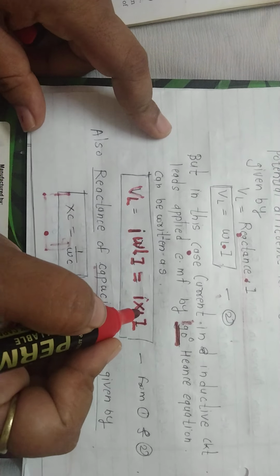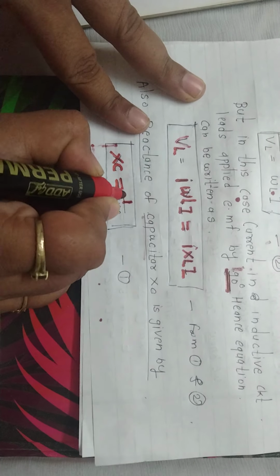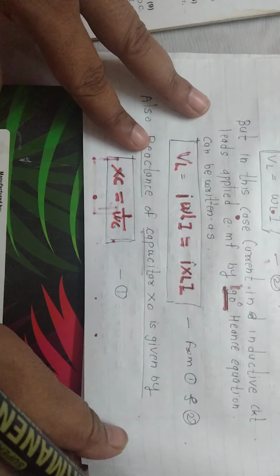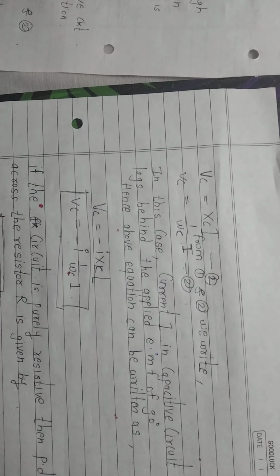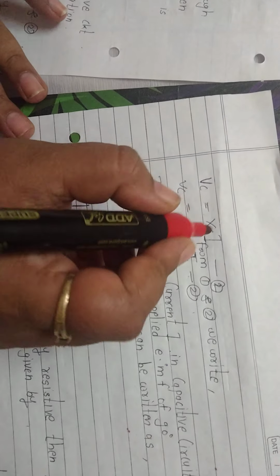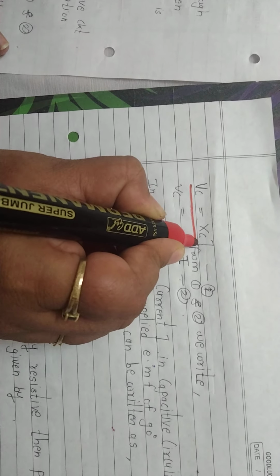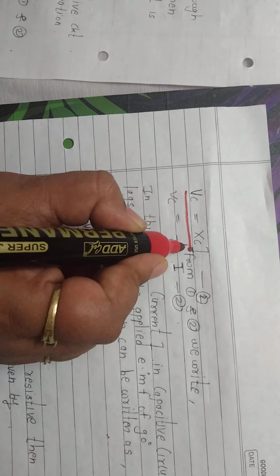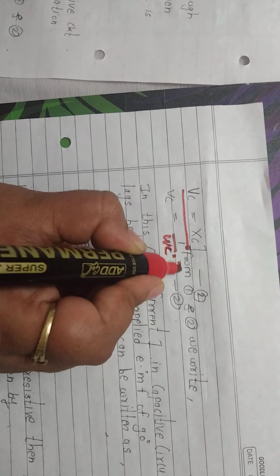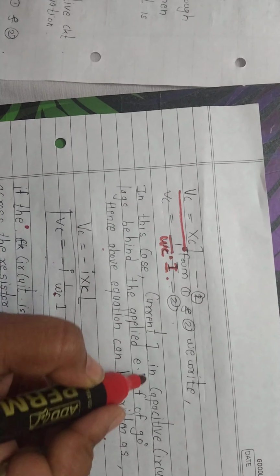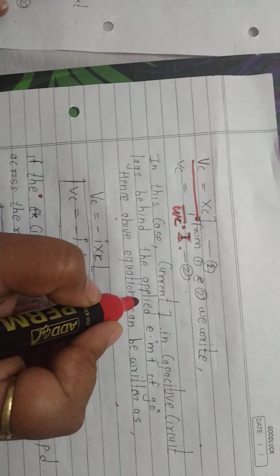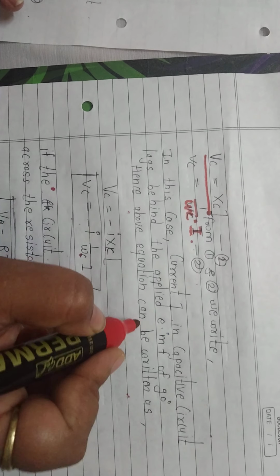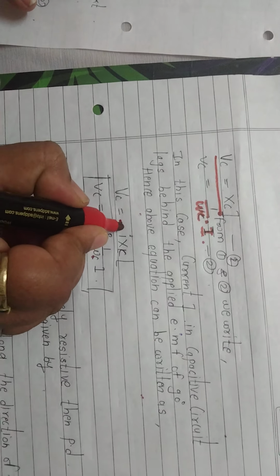Similarly, the reactance of a capacitor XC, which you will study in 12th class, is given by XC equals 1 by omega C. So VC is equal to XC times I, and we know XC is equal to 1 by omega C. In a capacitive circuit, the current leads the applied EMF by 90 degrees. Hence the equation can be written with a minus sign, because the potential difference lags behind.